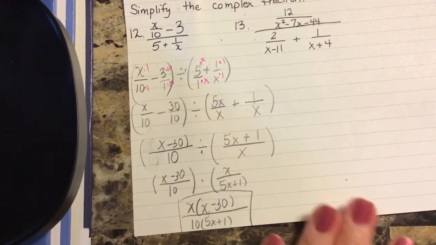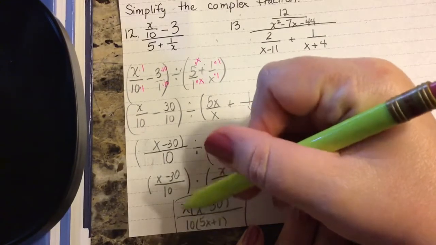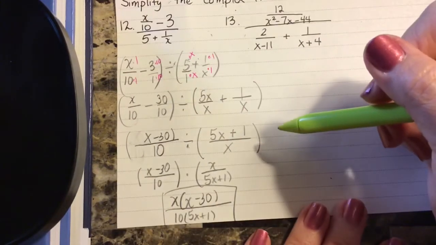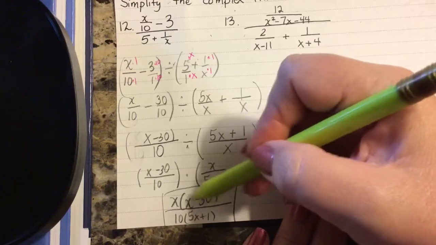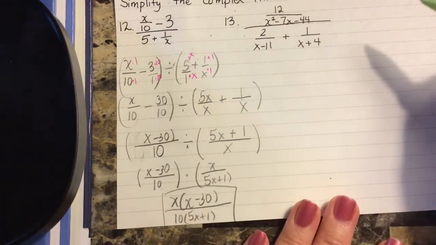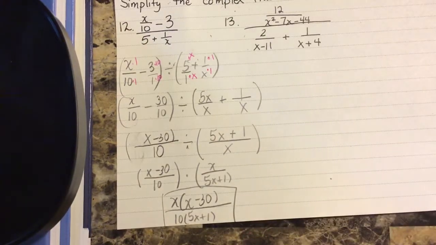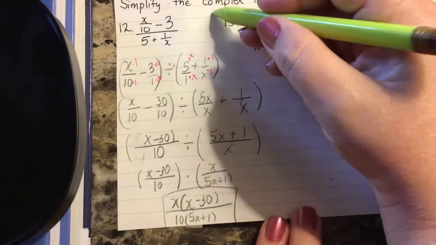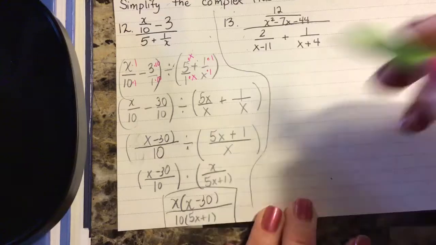I don't believe you can. Here are your two binomials. They don't have a common factor. X minus 30 does not have a GCF, nor does 5x plus 1, and they're not the same binomial, so I can't reduce anything. So that would be the final answer for number 12.